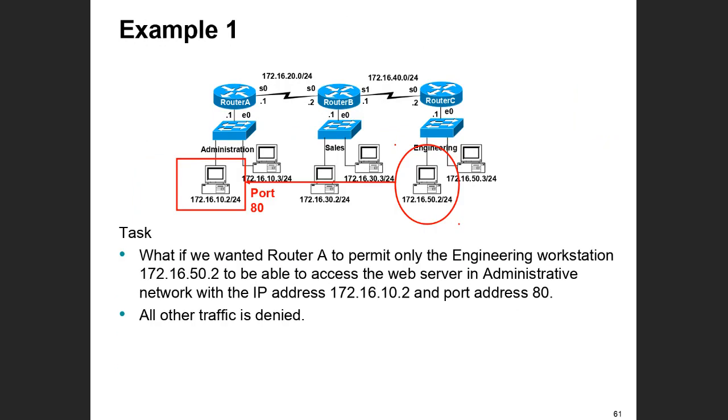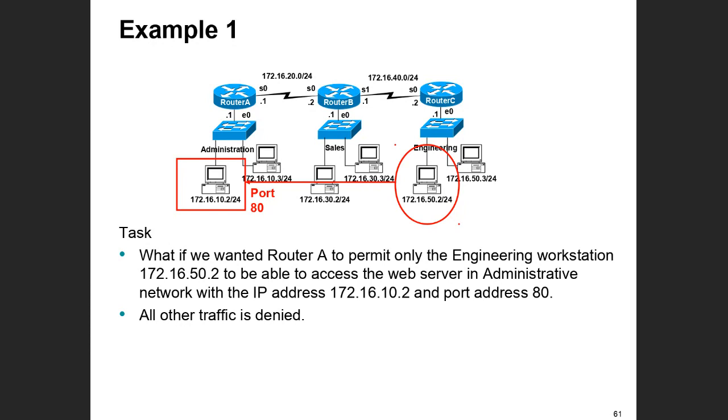Okay, let's use this in principle and in practice. We want router A, the router on the left-hand side of the diagram that connects to the administration department, to allow only the engineering workstation, the engineering manager circled in red, 172.16.50.2, to access the web server in the administration department, which has the address 172.16.10.2 and port 80.